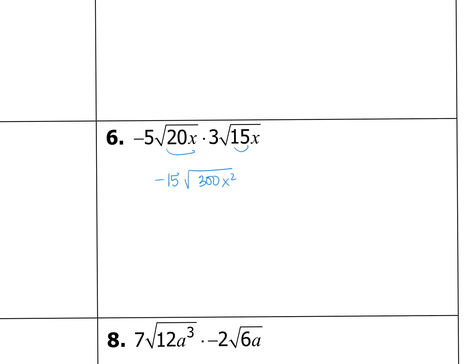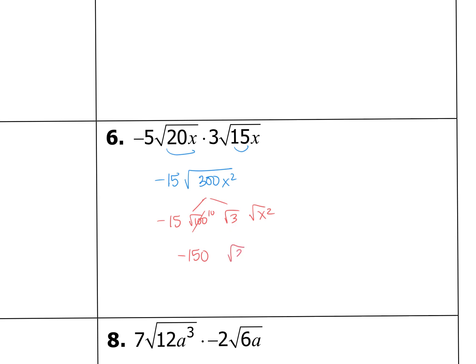And then 300, I'm going to break it down to be what? 100 times 3, right? Square root of 100 times square root of 3 will be square root of 300. And don't forget square root of x squared as well. Alright, square root of 100 will be 10. So we have negative 150.